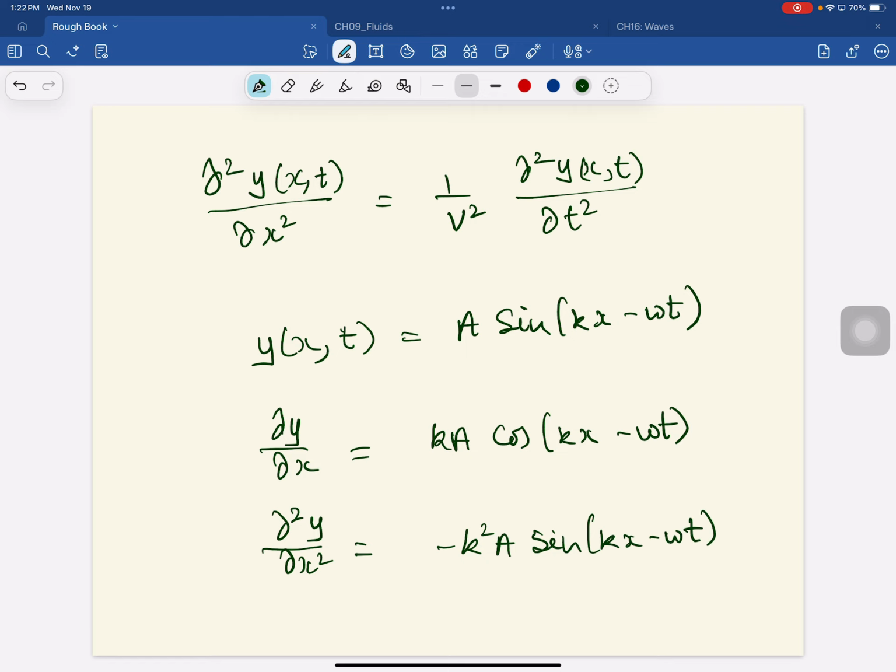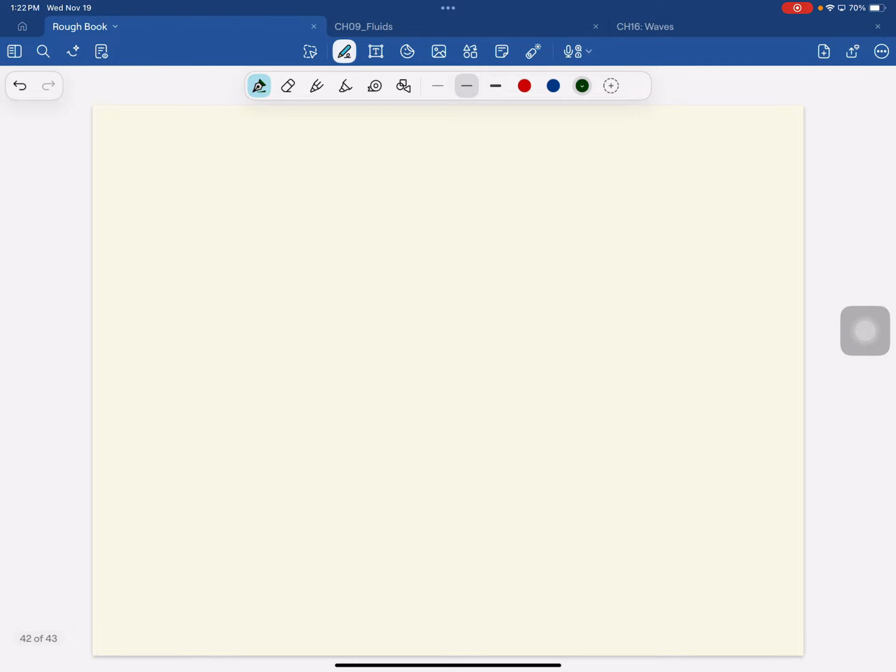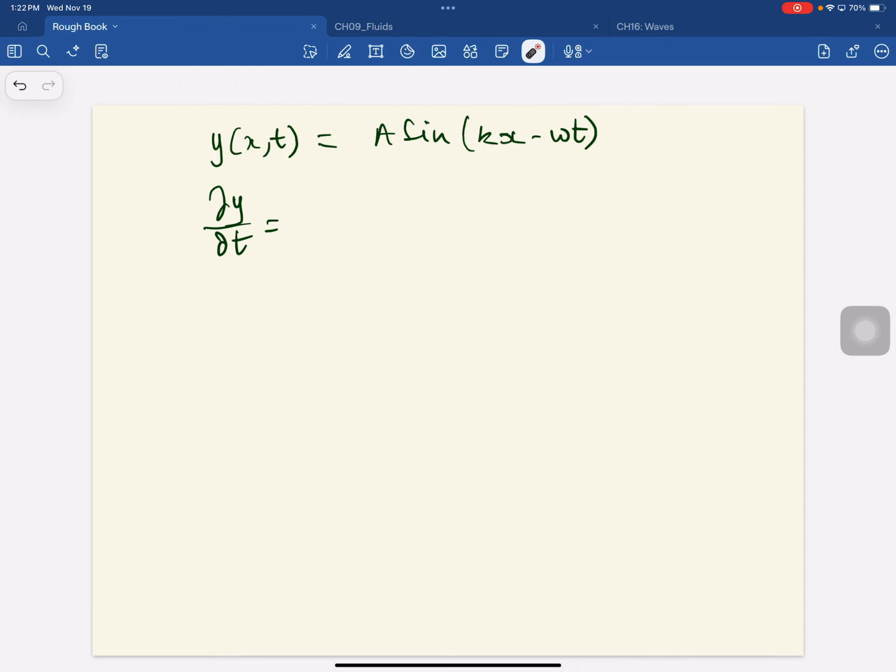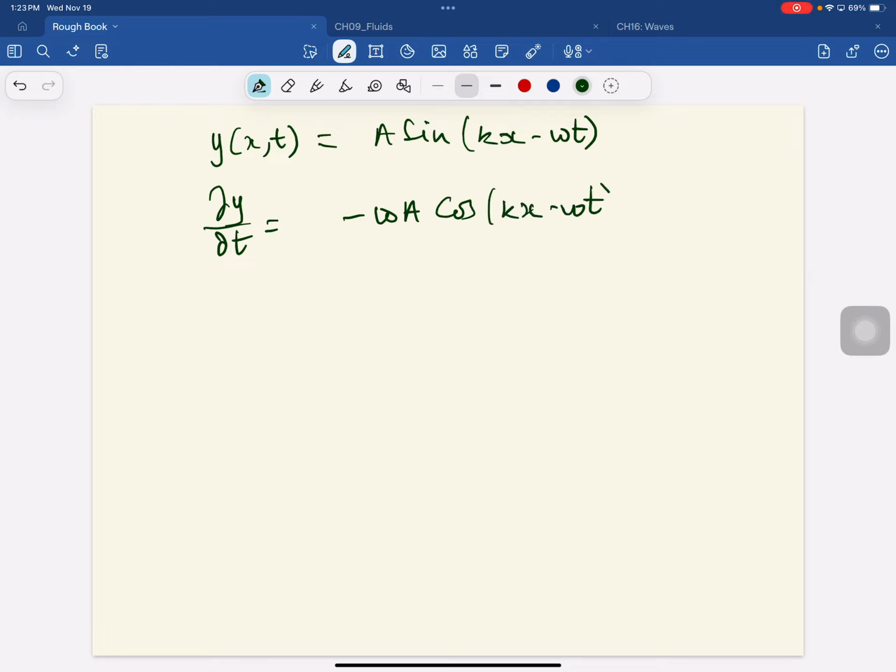Let's do del y by del t. Now you're keeping x constant. So derivative of sine is cosine, except that you get a minus omega, so it's minus omega a cosine(kx minus omega t).